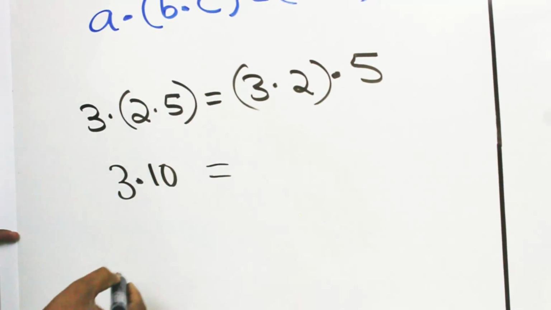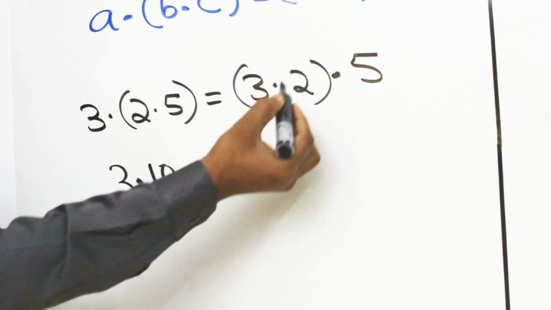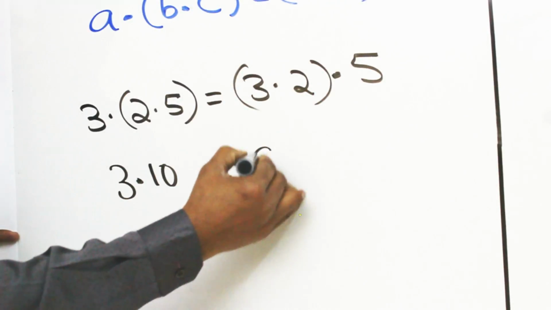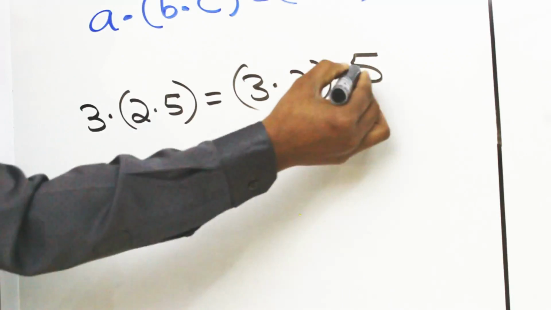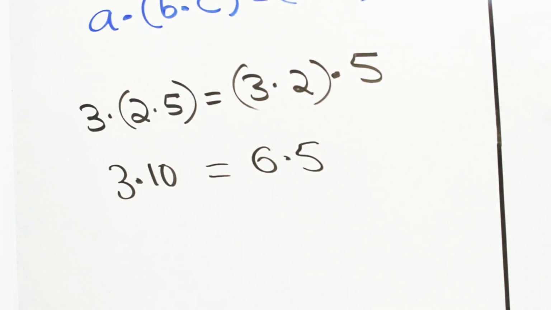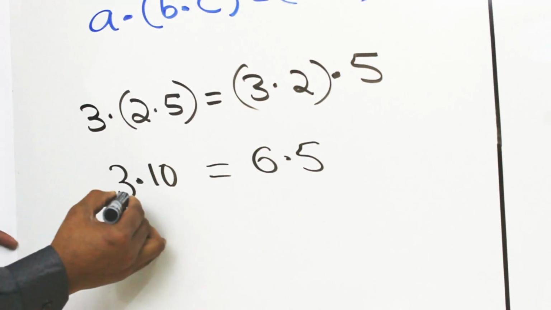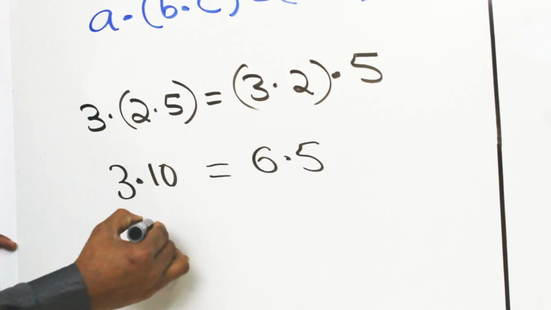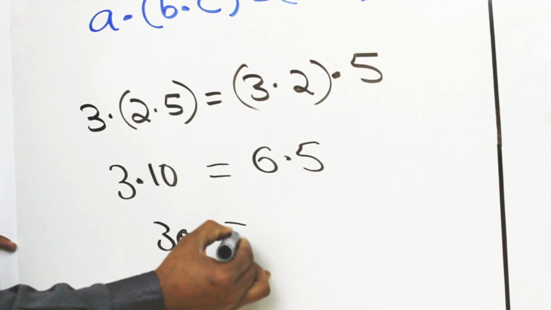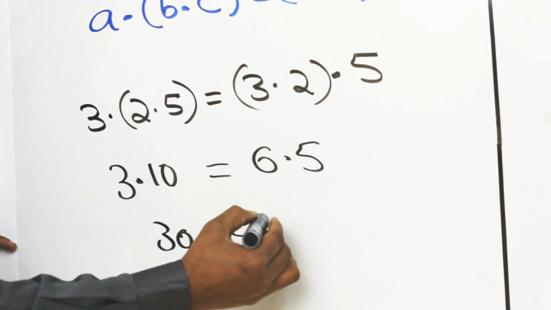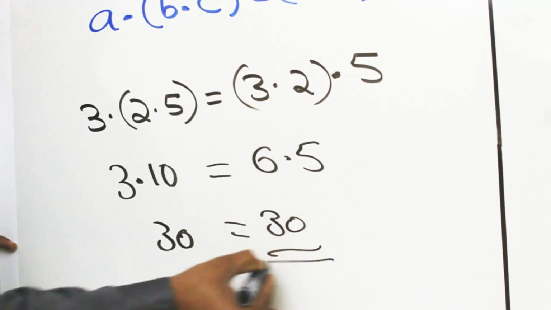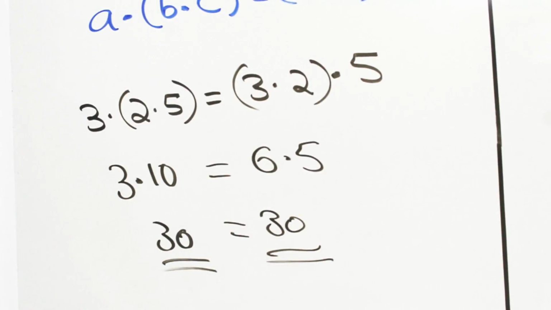On the right, 3 multiplied by 2 is 6, multiplied by 5. The final answer: 3 multiplied by 10 is 30, equal to 6 multiplied by 5, which is also 30. So it is proved, the associative property of multiplication.